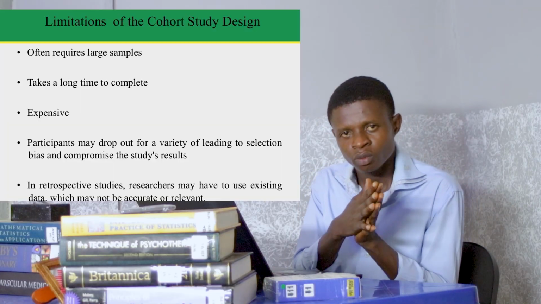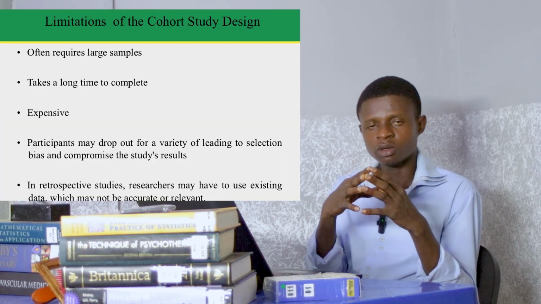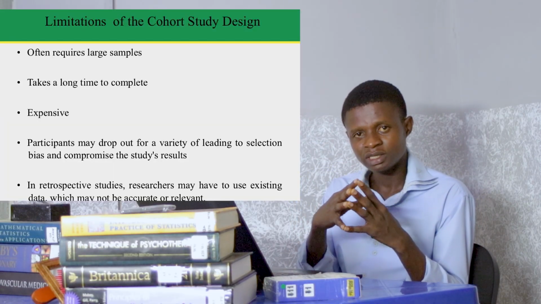And then also, when working on the retrospective aspect of cohort study, you need to visit existing data, which is secondary data. And if there was a mistake in taking the data, it means that it is going to affect your study.